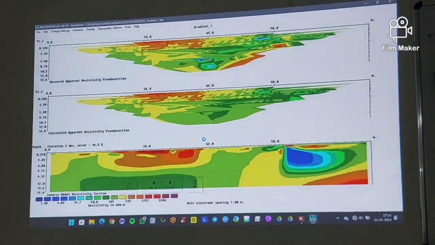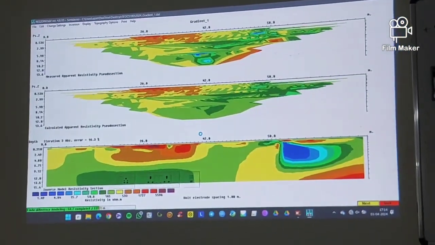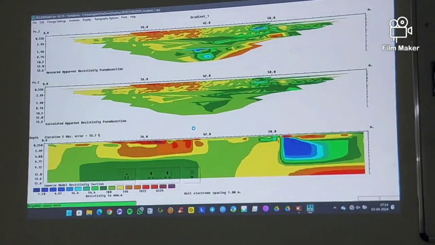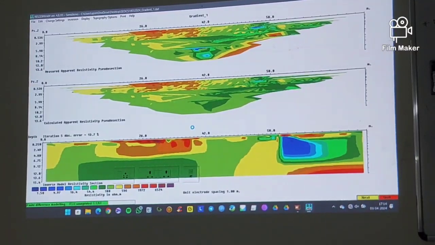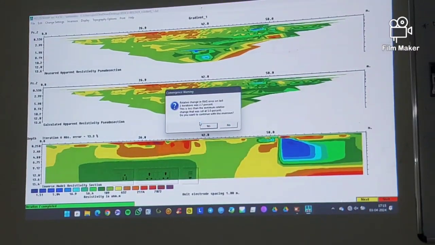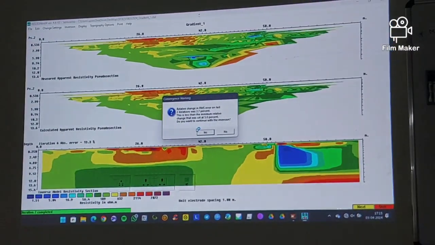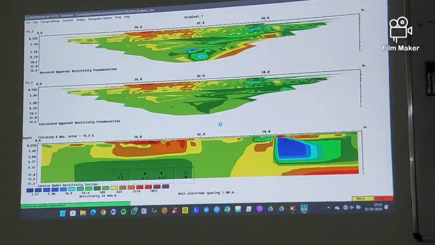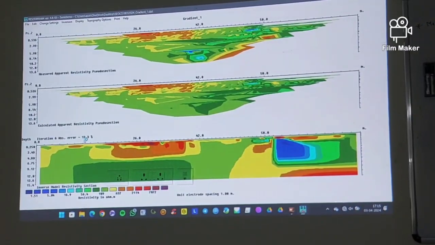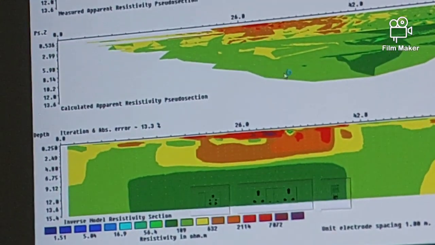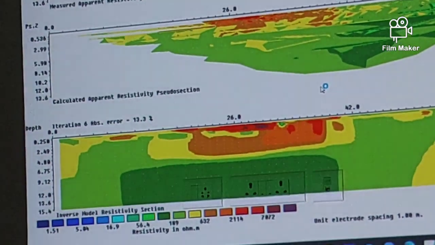Here the horizontal distance is the electrode line distance, and the vertical distance is the depth of the subsurface. And here different error percentages are shown. At last, the 13% error is the final one, which gives the better resolution. Low resistivity of the pipeline, we can see in blue color. Different resistivity is shown with different colors.